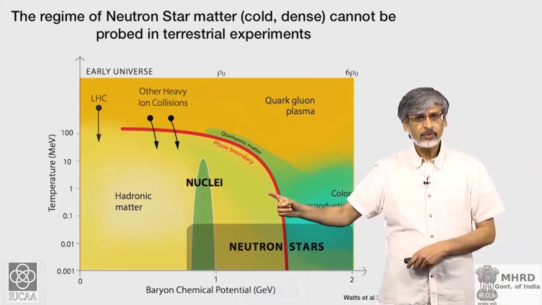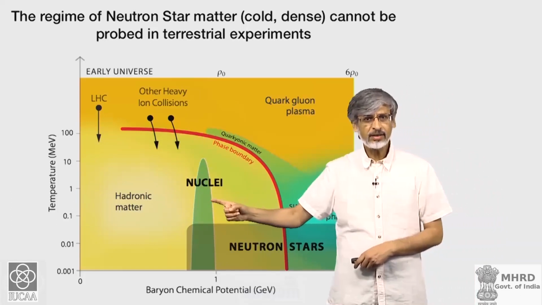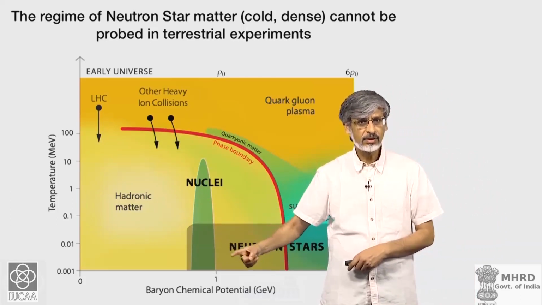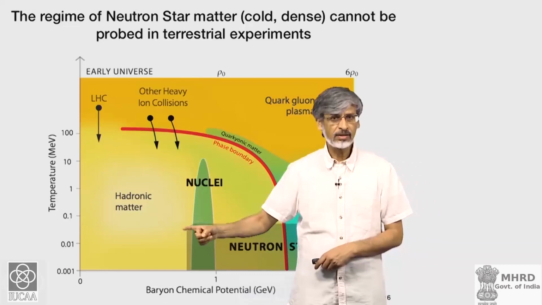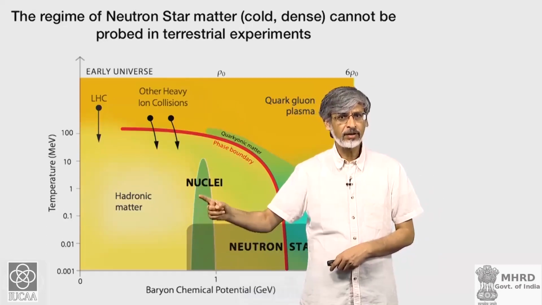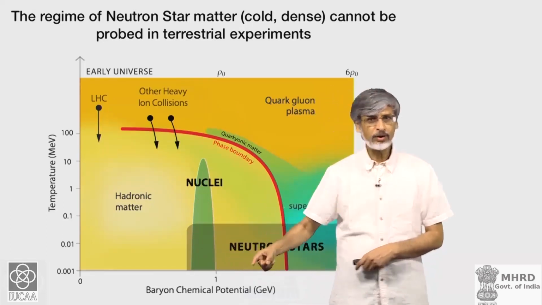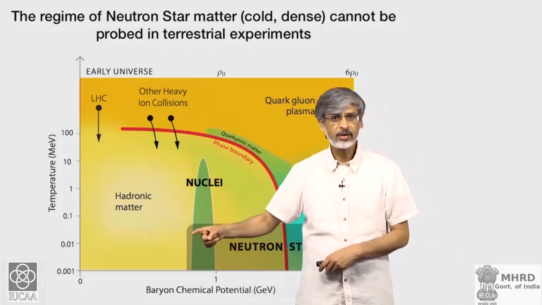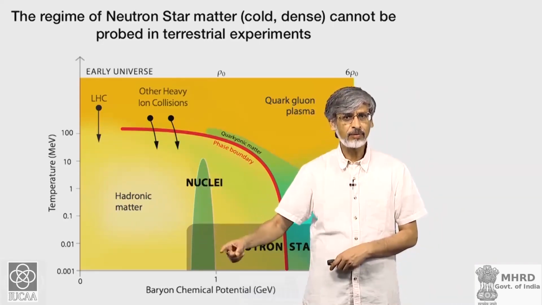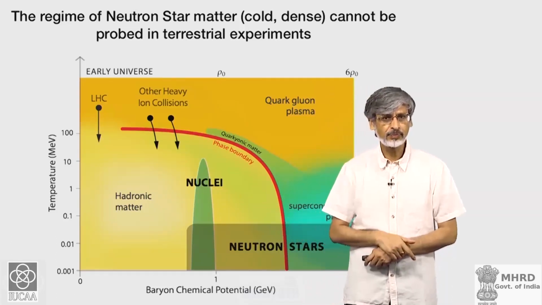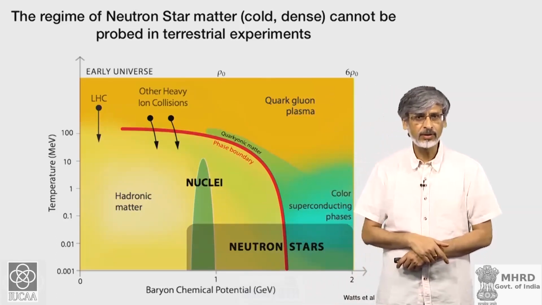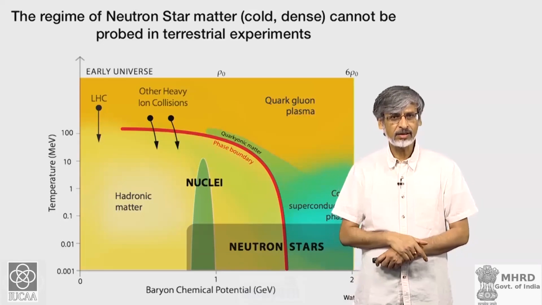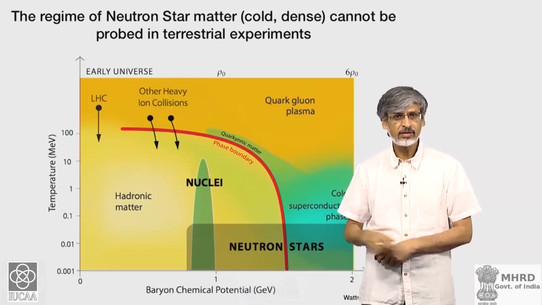We have nuclear matter which covers a certain range of baryon chemical potential. The baryon chemical potential rises with density. So, a certain range of baryon chemical potentials are covered by the nuclei that we can measure and test in the laboratory.